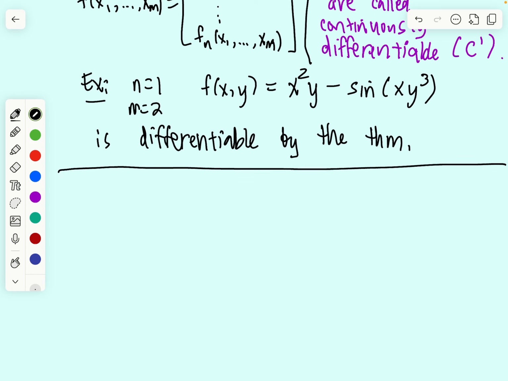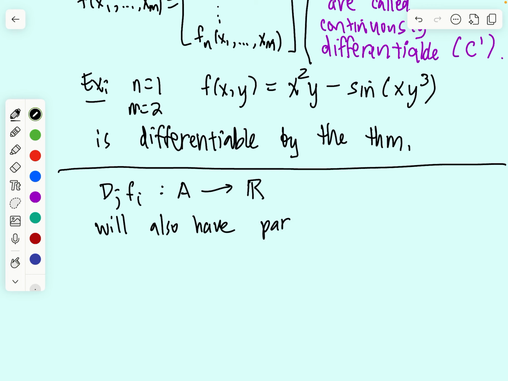So the partial derivatives, D sub j f sub i, these are functions from A into R, right? Because f sub i is a function from A to R. So these will also have partial derivatives.